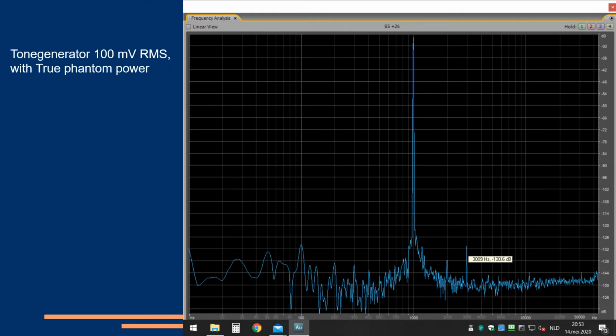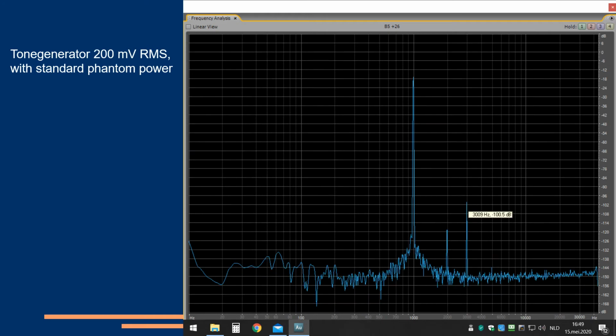When you use the true phantom as phantom power, the distortion products are significantly lower. The second harmonic is lower, but especially the third harmonic is lower than it was with the standard phantom. At 200 millivolts, the products are even stronger.